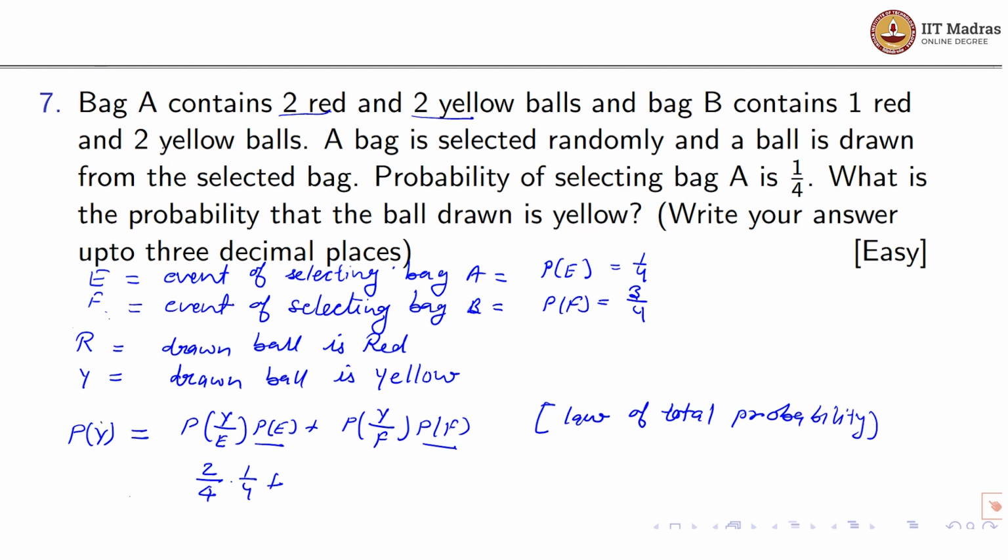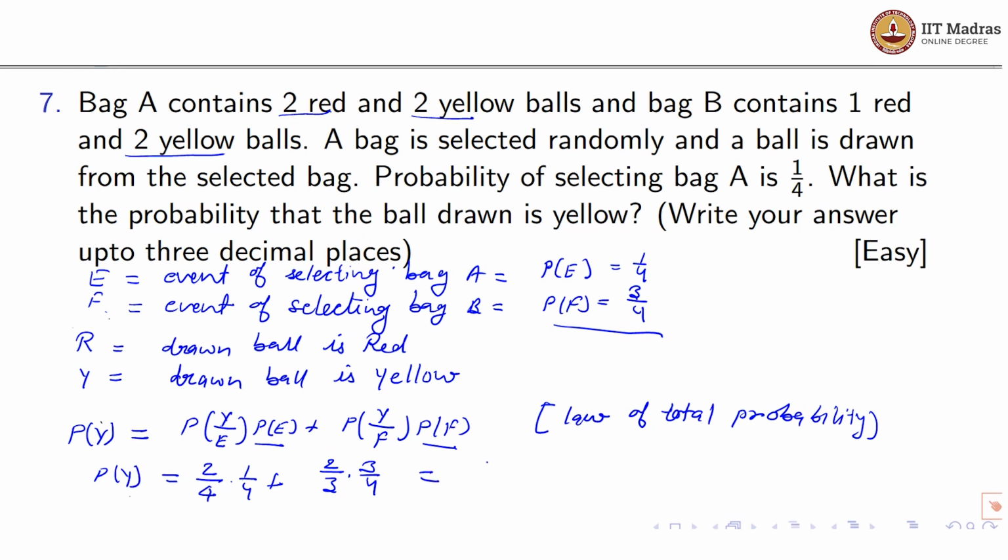In bag B, there are 2 yellow balls and a total of 3 balls. So the probability of the ball being yellow will be 2 by 3, and P of F I know is 3 by 4. So that will be my P of Y.